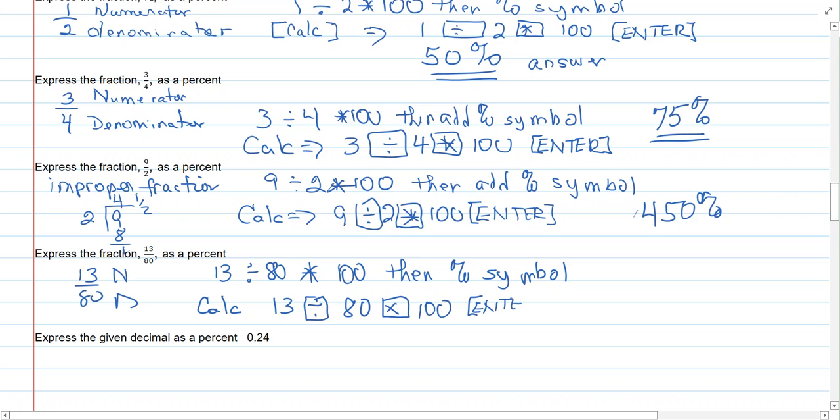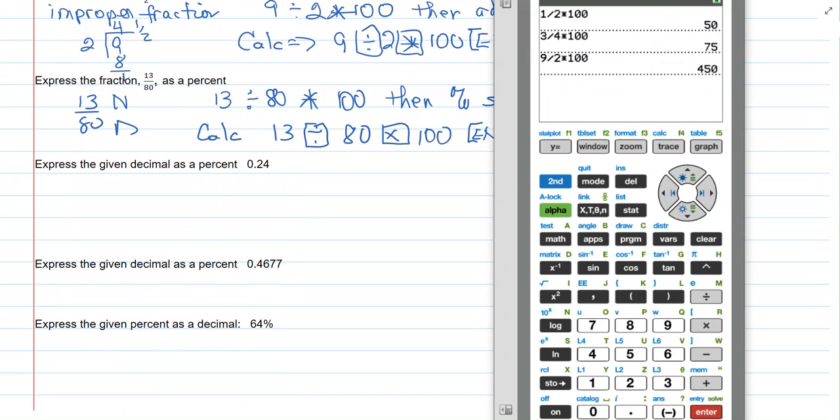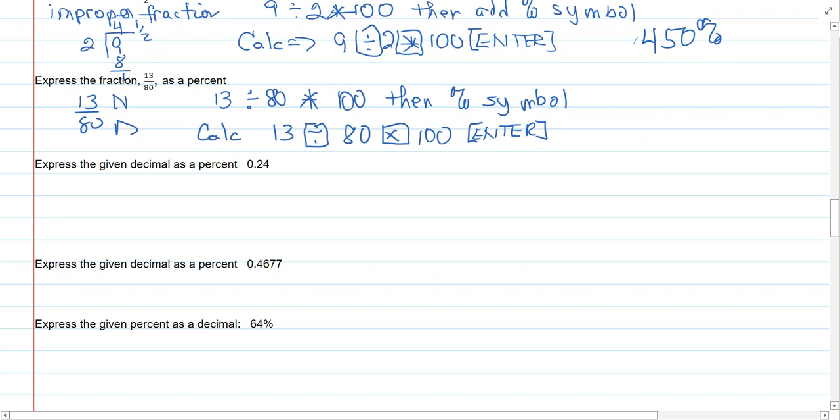Now you're saying, why are you saying every step? The reason is the more you hear it, the easier it is for you, and everybody becomes proficient. So I'm going to enter the 13 divided by the 80, multiply by that 100, and hit the enter key. On this one, I get 16.25, and I add my symbol. There you go.